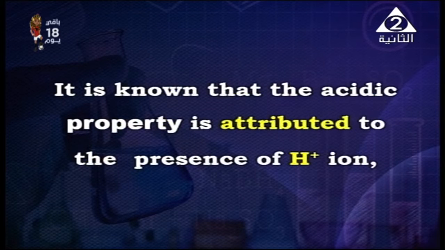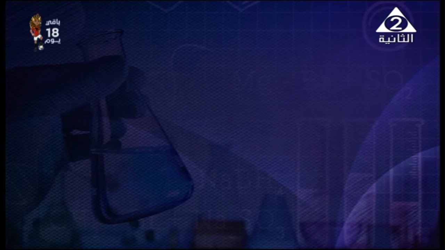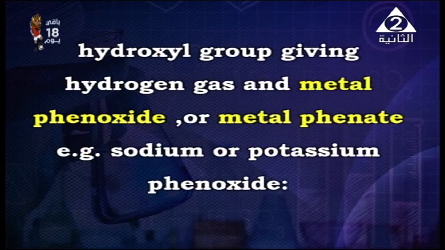My dear student, it is known that the acidic property is attributed to the presence of positive hydrogen ion or proton. So, when an active metal, for example sodium or potassium, reacts with phenol, the metal replaces the hydrogen of the hydroxyl group, giving hydrogen gas, and a metal phenoxide or metal phenate, such as sodium or potassium phenoxide or phenate, is produced.